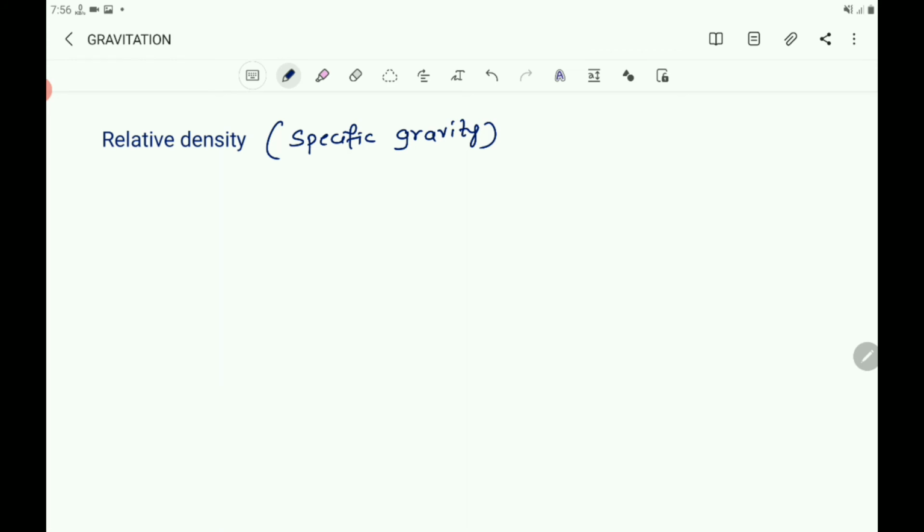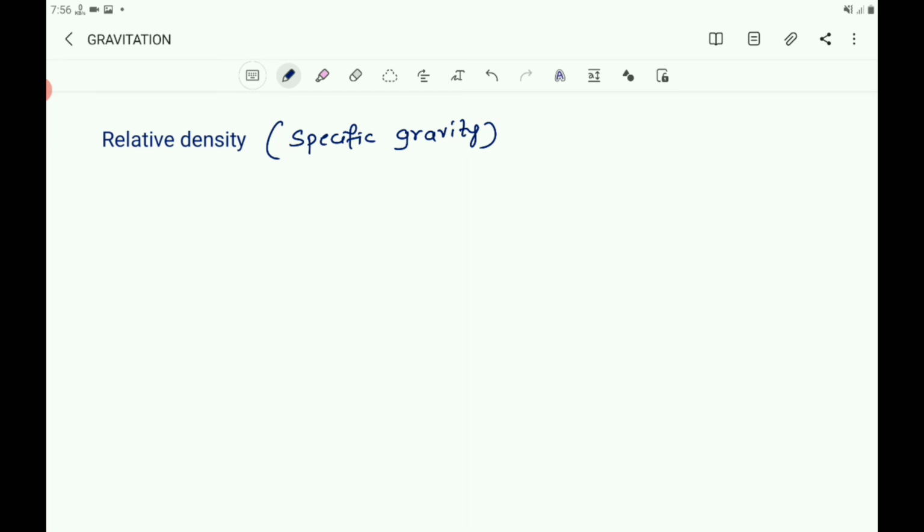Density is the property of matter represented by a ratio of mass to a unit volume of a matter. This relative density is a measure of density with respect to a density of pure water. So the density of pure water is considered as 1, that is 1 gram per cm cube, that is equal to 1000 kg per meter cube.